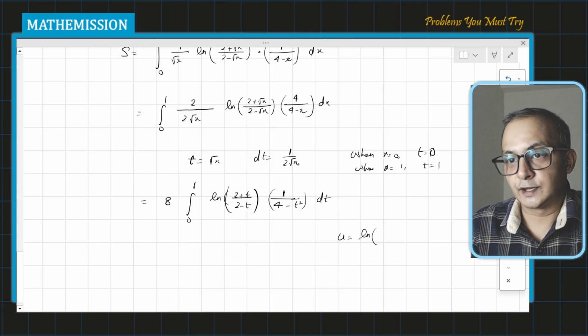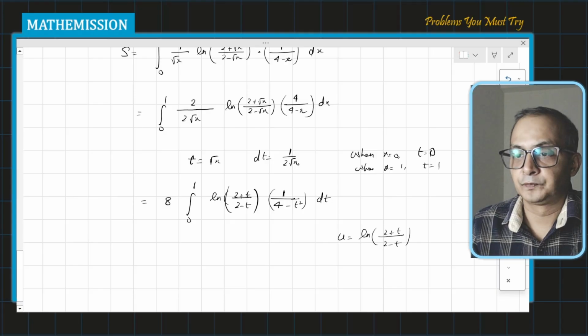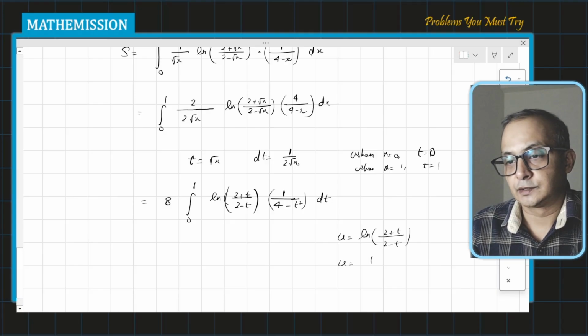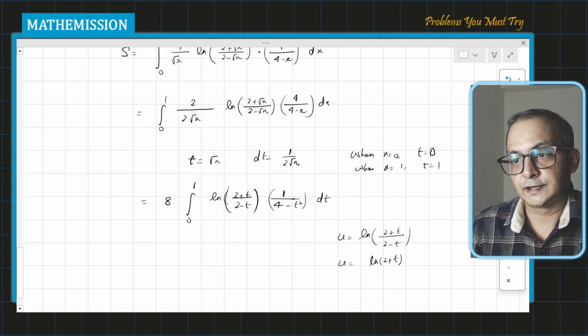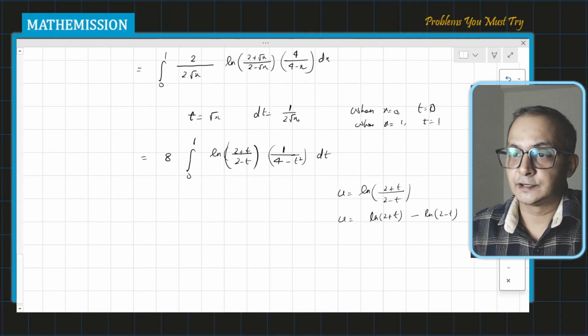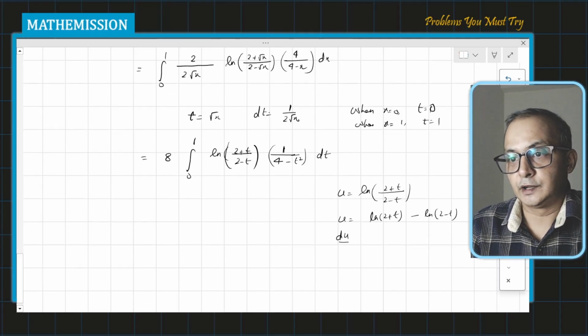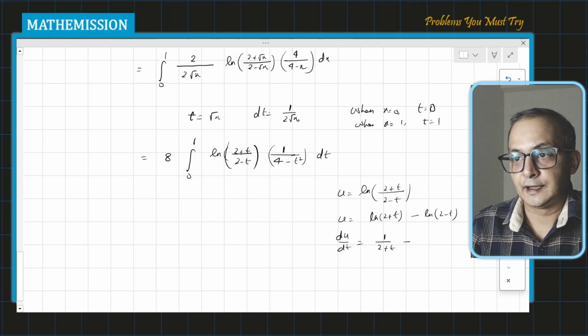So I'm taking u as log of 2 plus t by 2 minus t, which is nothing but log of 2 plus t minus log of 2 minus t. And when I differentiate it, what do I get? du by dt is equal to 1 by 2 plus t, and minus minus plus 1 by 2 minus t.